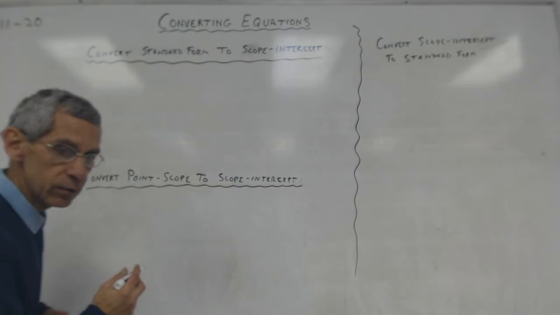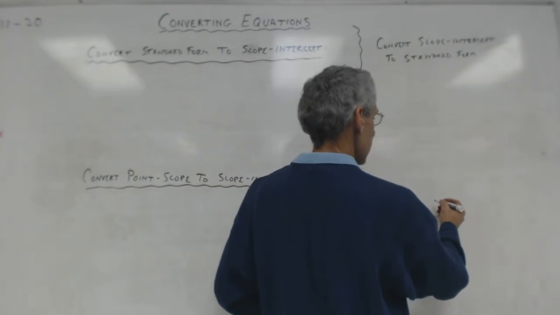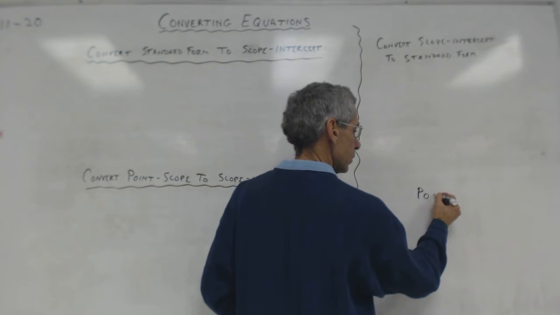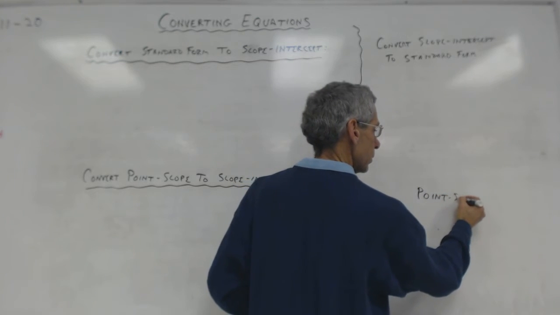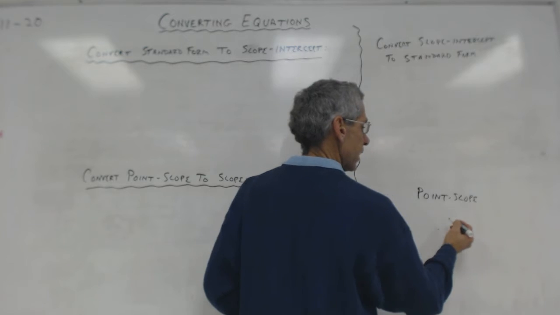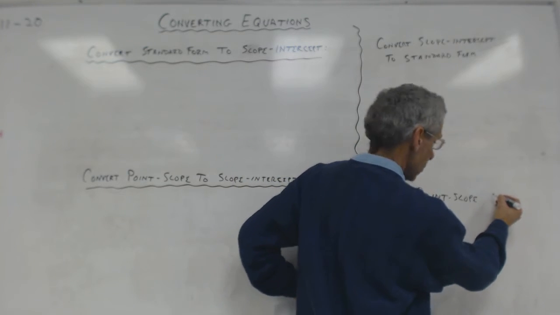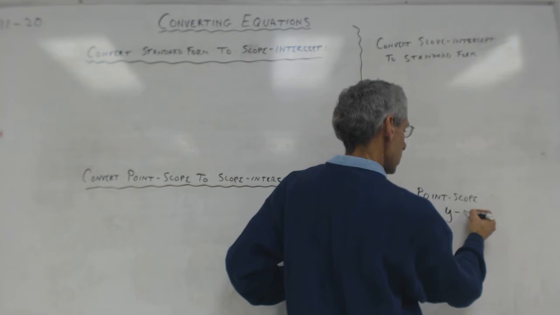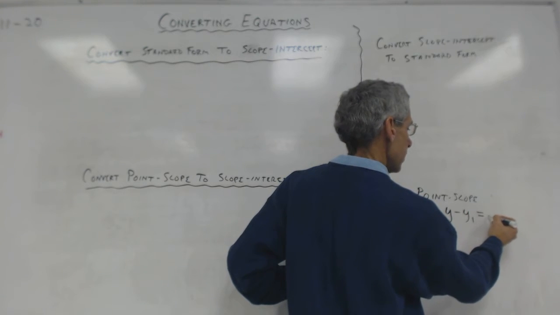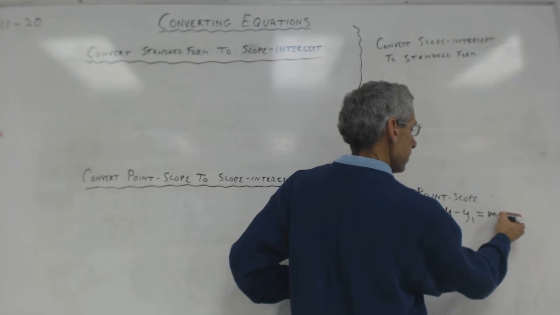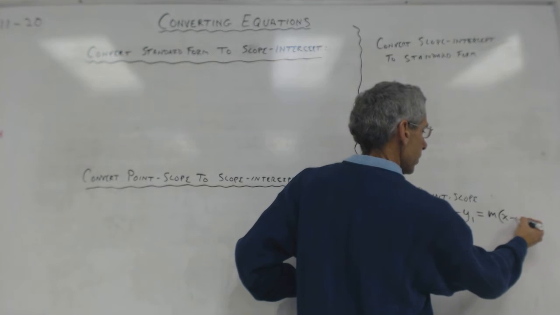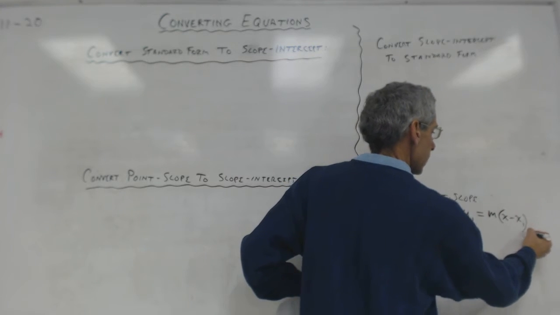All right, let's see. I don't know where I can write this. Okay, so we have point-slope. And what is that formula? y minus y sub 1 equals m parentheses x minus x sub 1. Right, okay.